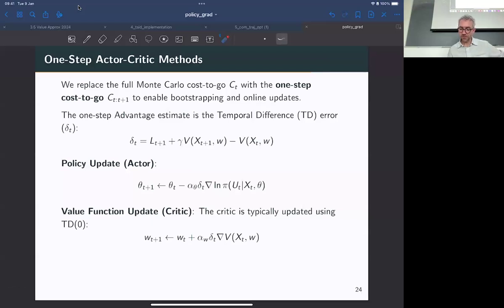And then, of course, you always need to learn the value function because that's not given. So you have to learn it at every iteration of the algorithm. And that learning is also going to be guided by the TD error, as usual. This is not something new.